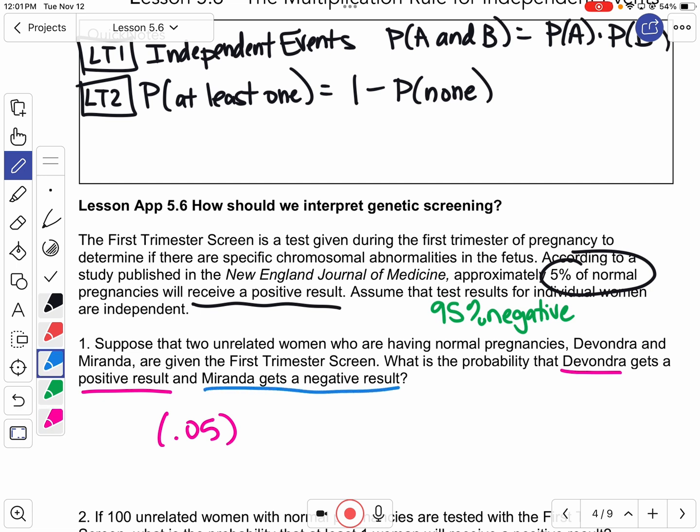Miranda is going to get a negative result, so what would her probability be? 0.95. And then we just multiply those 2 together, and their probability is 0.0475. They tell us they're independent, so we can multiply.